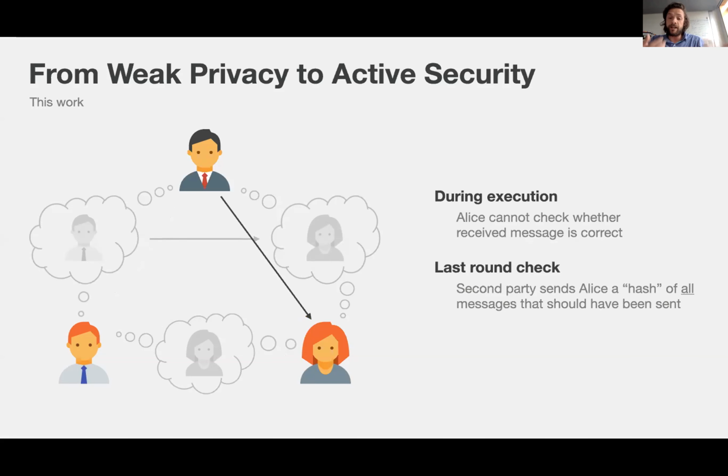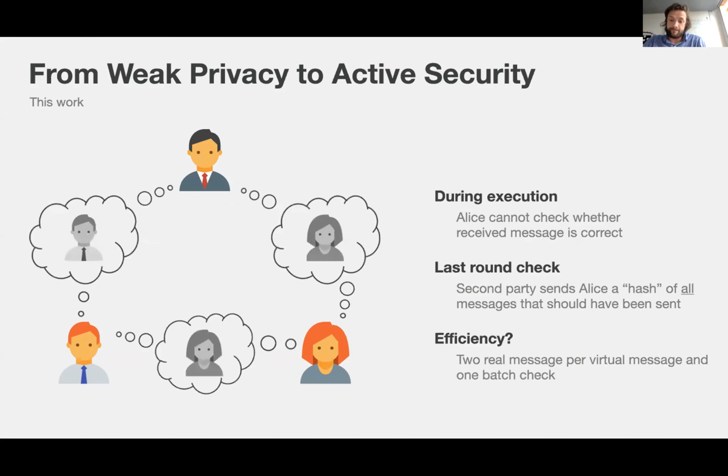Using this information, Alice can then check whether she received all of the correct messages in the previous protocol execution, and whether everything was okay. Even for 3 parties, we see that instead of sending 3 messages, we only send 2 messages per virtual message that we would like to send.